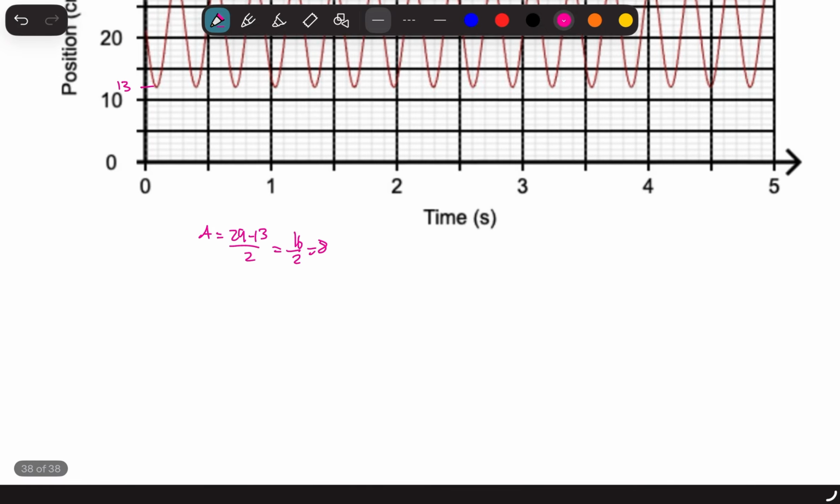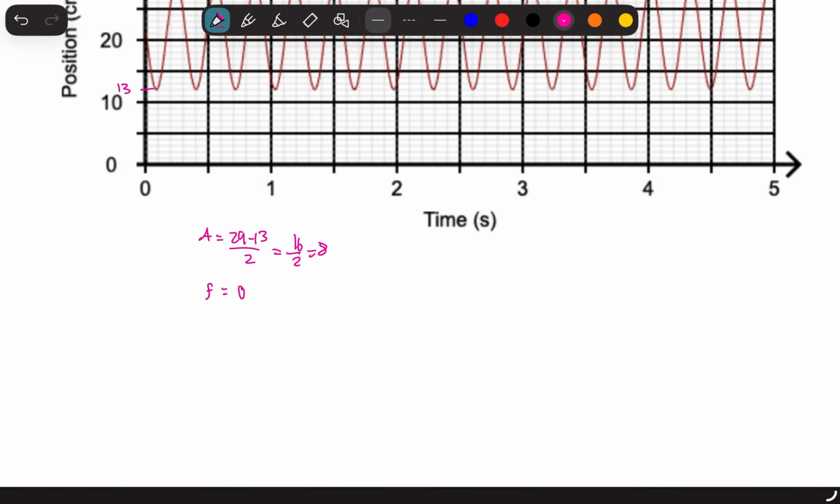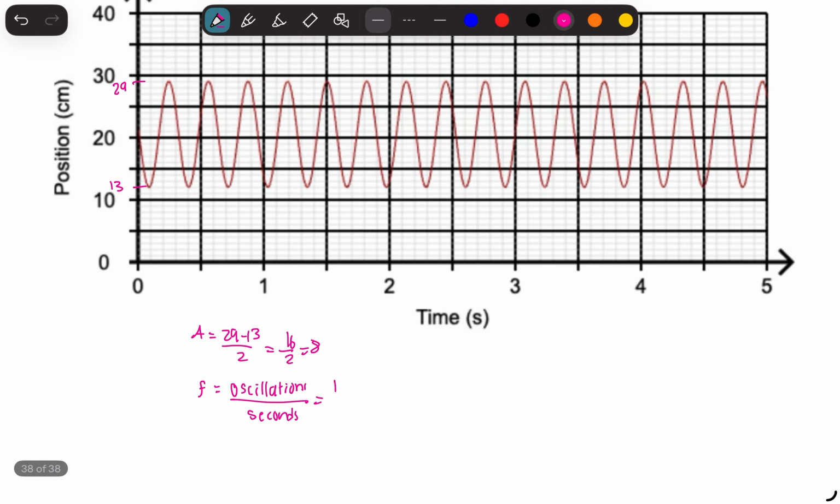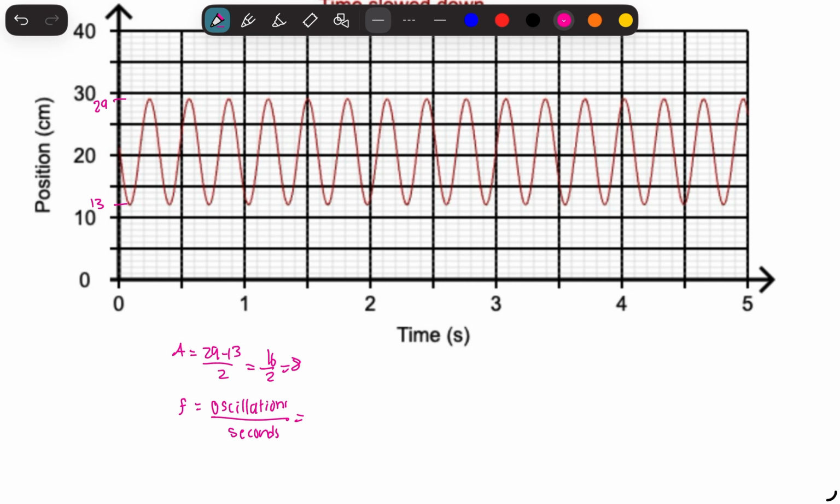After this, let's find our frequency. Again, our frequency is oscillations divided by seconds. Let's count: 1, 2, 3, 4, 5, 6, 7, 8, 9, 10, 11, 12, 13, 14, 15, 16.